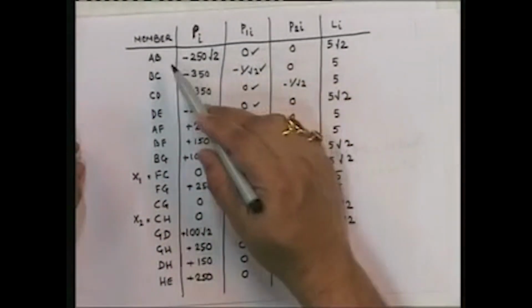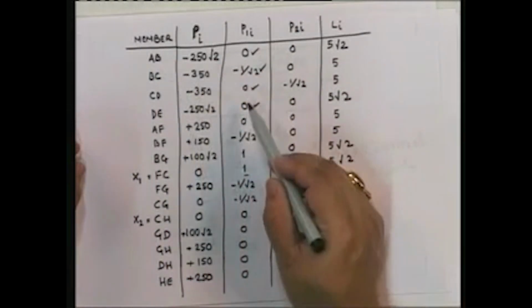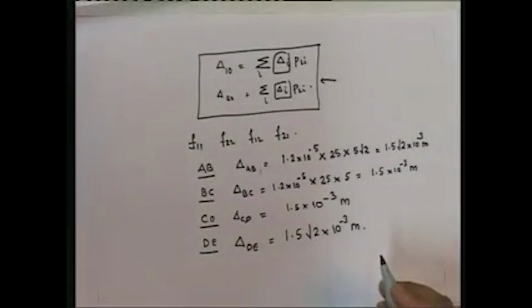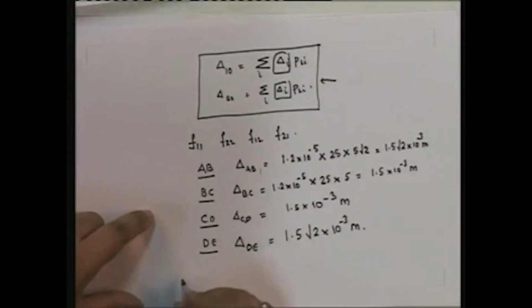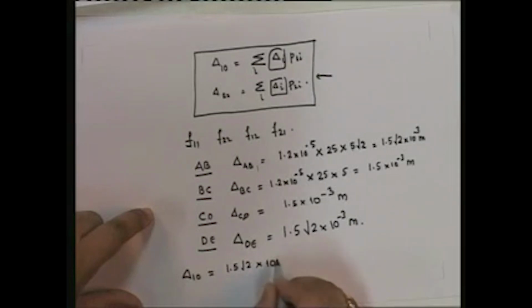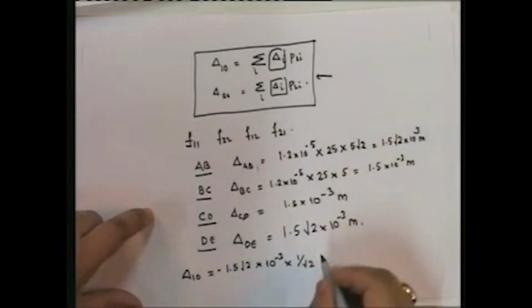So if you look at the entire procedure, since P1 AB, P1 CD and P1 DE are all 0, the only thing that contributes is BC, and so delta 1, 0 will turn out to be equal to 1.5 root 2 into 10 to the power of minus 3 multiplied by 1 by root 2 minus, because it's minus 1 over root 2.